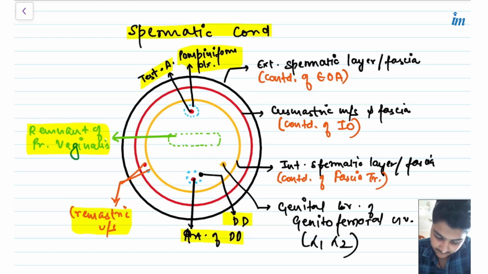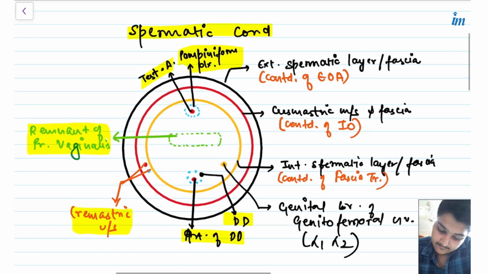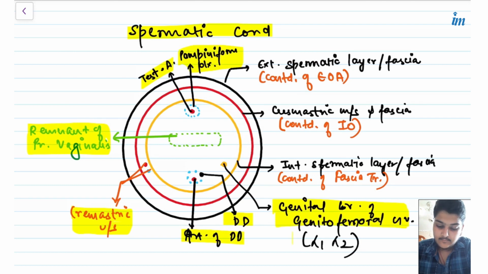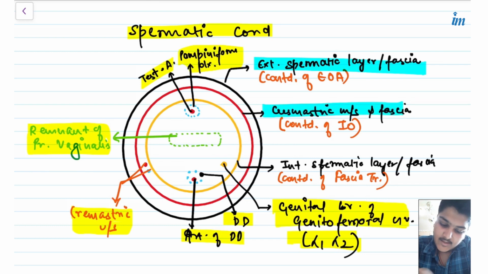We have ductus deferens with some veins, and the most important is the genital branch of genitofemoral nerve with the root value L1, L2. And what are the layers? External spermatic layer, that is the continuation of our external oblique aponeurosis, cremasteric muscles and fascia, the continuation of internal oblique, and the internal spermatic layer of fascia, continuation of fascia transversalis.